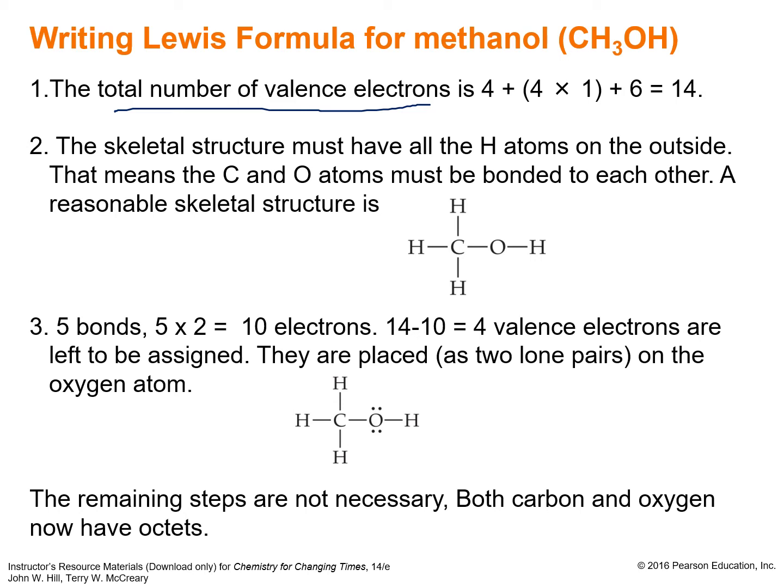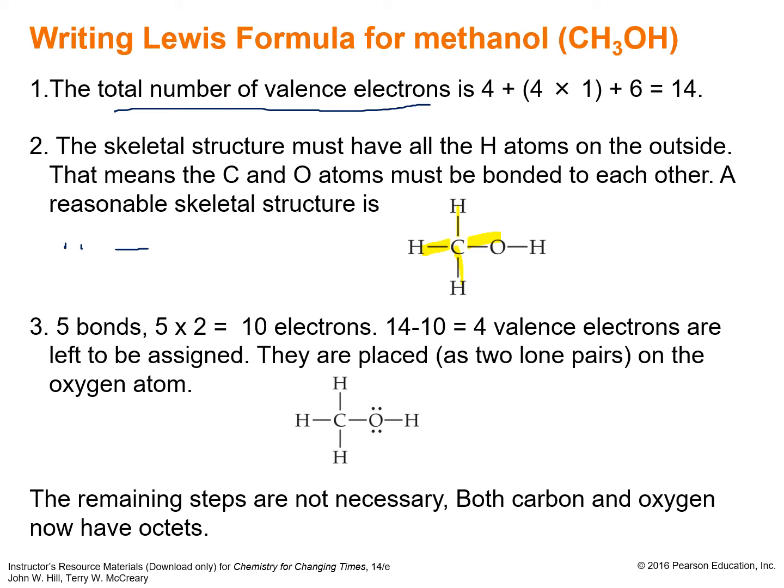Now let's look at the bonds. What did we learn? Carbon has 4 bonds, right? So 1, 2, 3 and 4. And we learned in the earlier section that 2 electrons make a bond, right? Oh, excuse me, there is one more bond here.